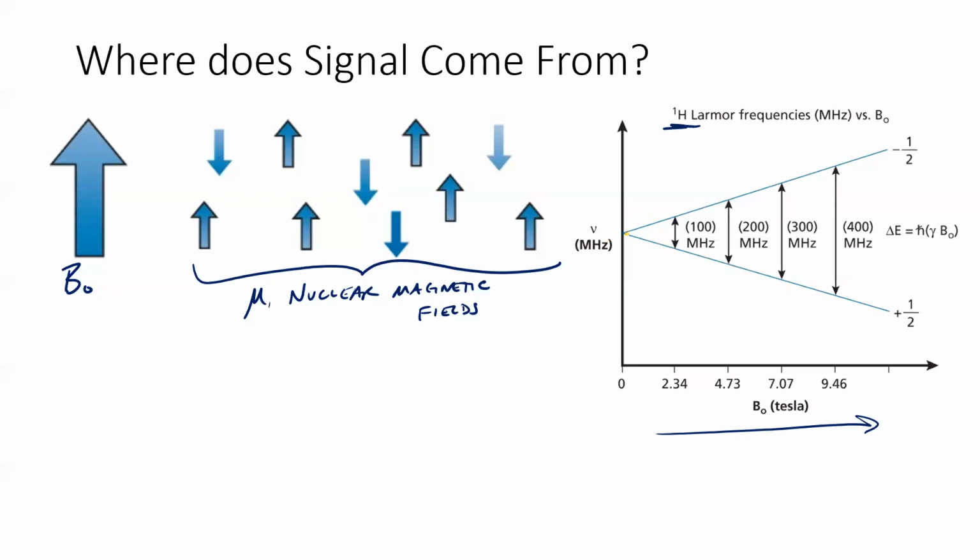And so if we were to draw in carbon, it might look something like this. The gamma for carbon is about a quarter of what it is for hydrogen.